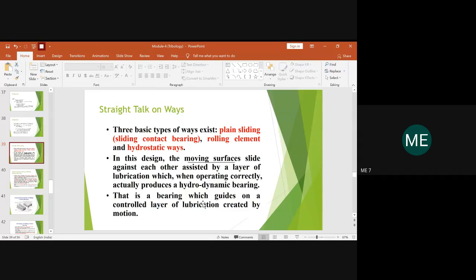So this is the straight talk related to the relative motion which comes across between the contact area. So in this section, we are focusing directly on the sliding motion across the hydrodynamic bearing aspects. So you have to keep this in mind.